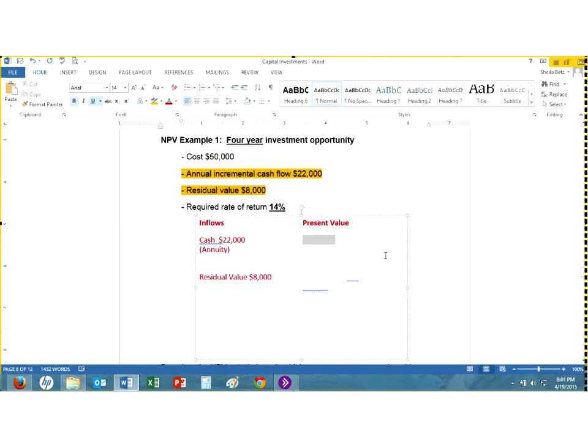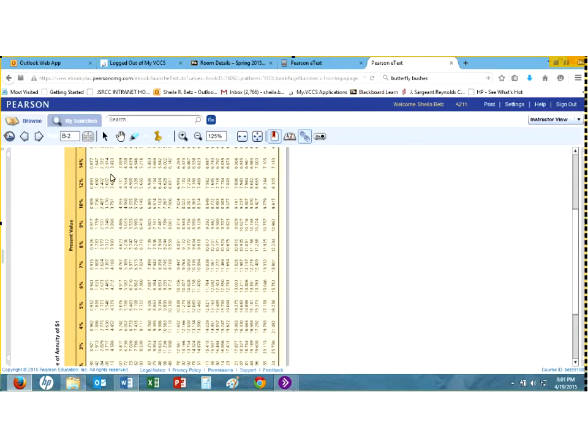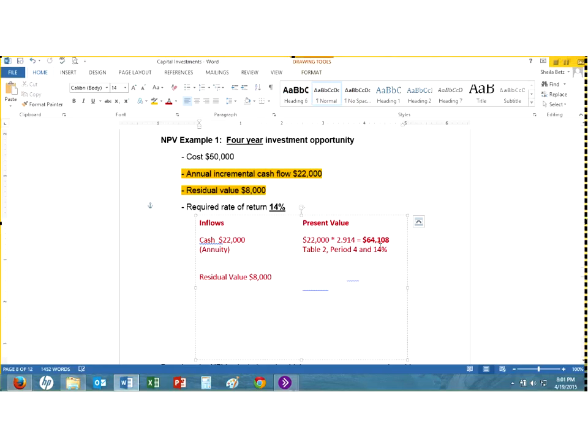So write that number down, because what we're going to do to turn that $22,000 into today's terms for the next 4 years, we're going to take $22,000 at 2.914, that dollar amount we just found right here, and that comes to $64,108.